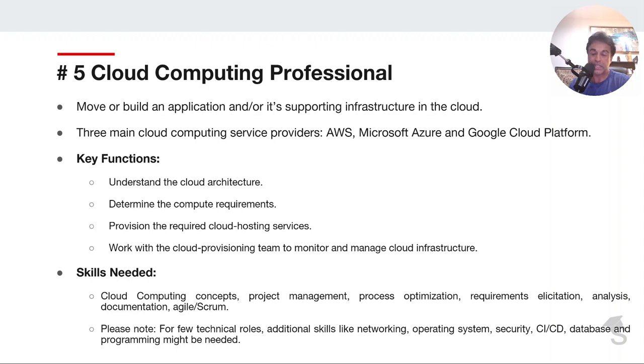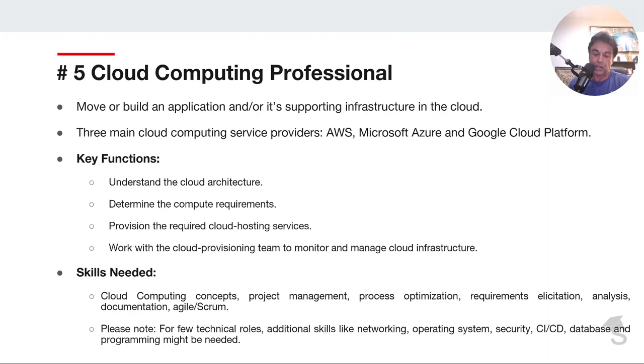Roles like cloud business analyst, cloud data engineer, cloud project manager, cloud architect. Now, for the cloud architect, I would recommend they must have a strong technical foundation, not necessarily from the programming point of view, but should understand the technology very well and must have a strong command of what's going on in the tech world.